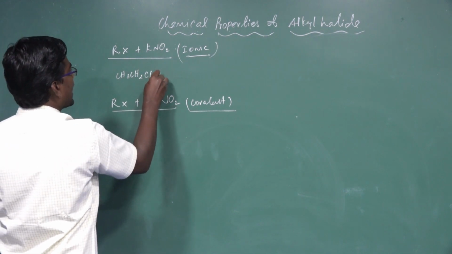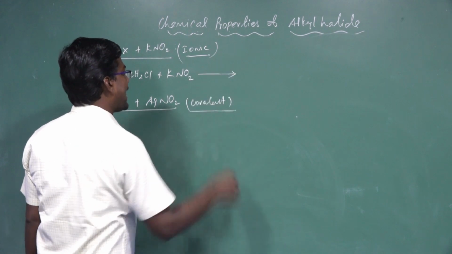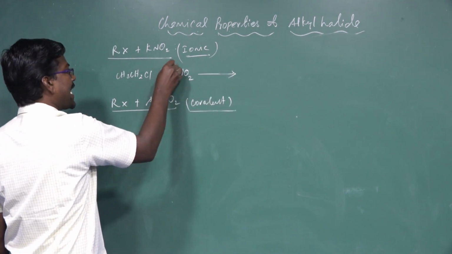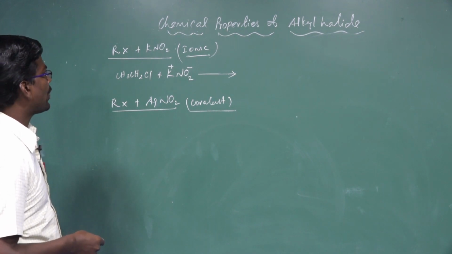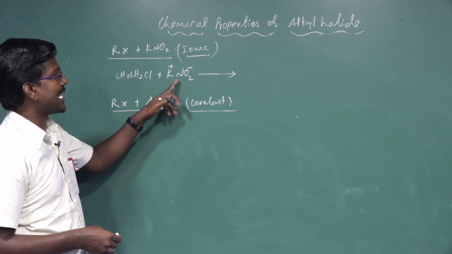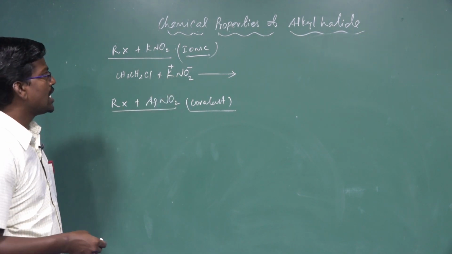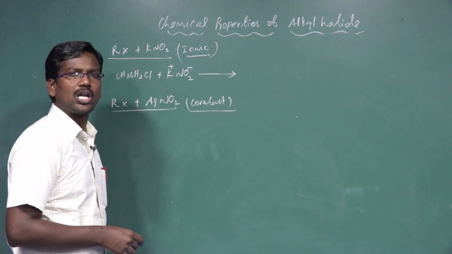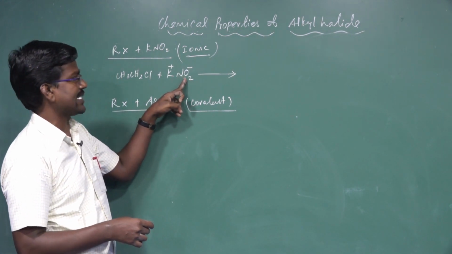For example, CH3CH2Cl reacts with potassium nitrite, KNO2. The KNO2 dissociates to K+ and NO2- ions; potassium nitrite is an ionic compound. The NO2- ion contains two elements: one is nitrogen, another one is oxygen.